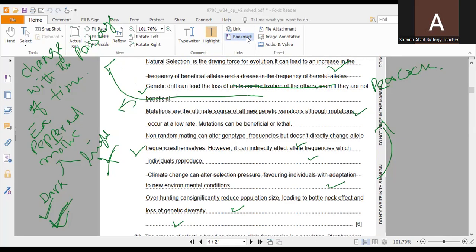Think of a bottle: a sharp reduction in population size due to a catastrophic event or a natural disaster, resulting in a random subset of alleles surviving. Just like a bottle, the frequency is reduced. This is called the bottleneck effect. It reduces the allele frequency, and it can be due to a natural disaster.